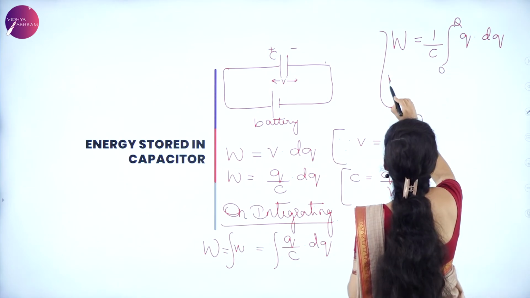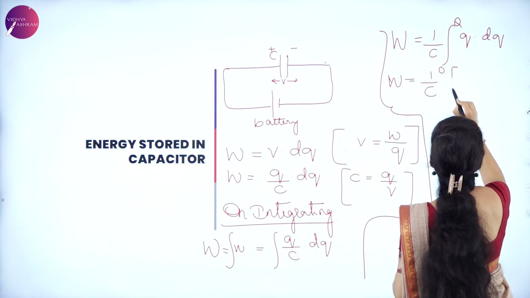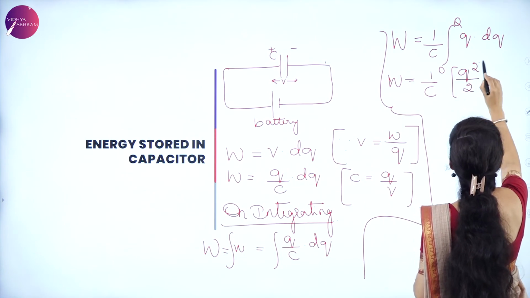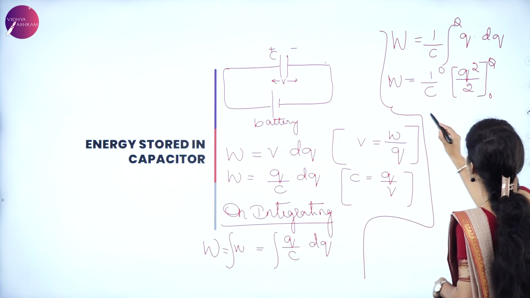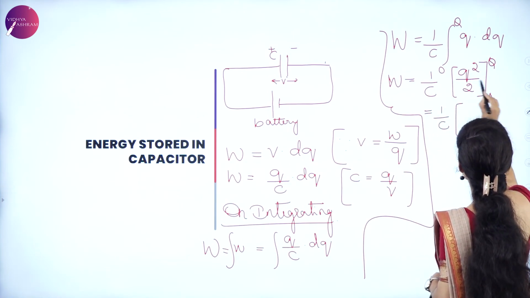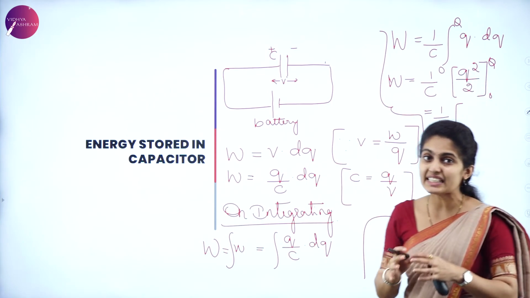So we have W is equal to 1 by C times Q square divided by 2, from 0 to Q. Q is the variable which is integrated.